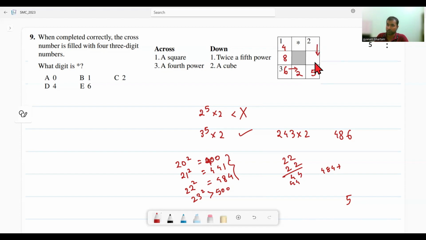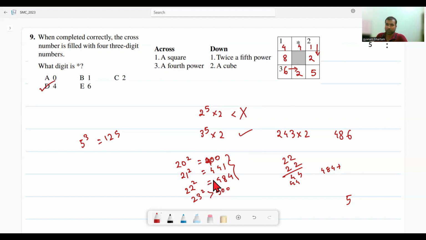And this way, 2 down must be a cube. So the cube is going to be, for example, 3 cube, 4 cube. Yeah, we can start with 5 cube, but it's 125. So if we have 4, 4, 1, we have 1, 2, 5. So this way it's a cube, this way it's a fourth power. Okay, it's a square, so it should be 4.